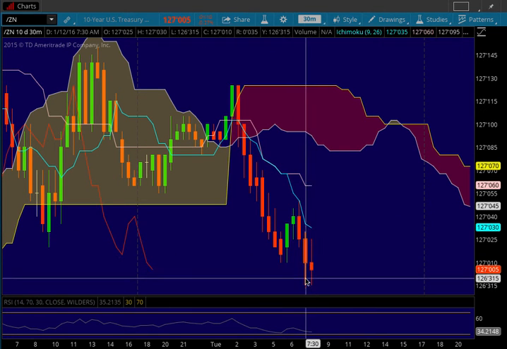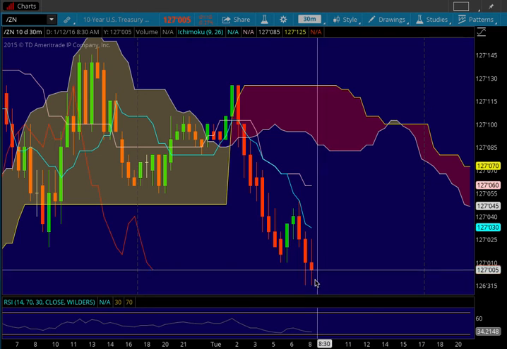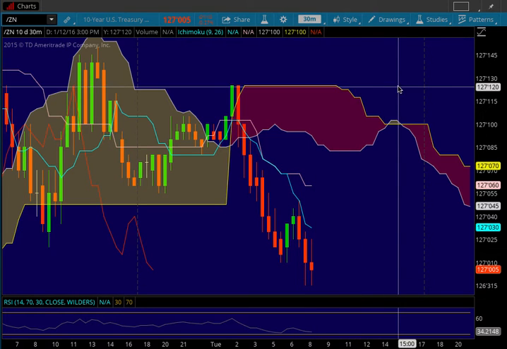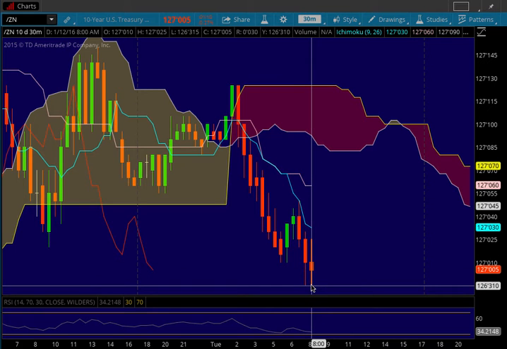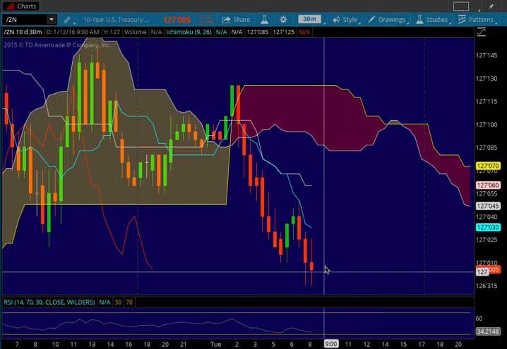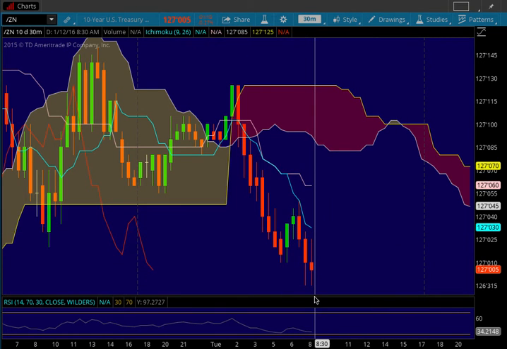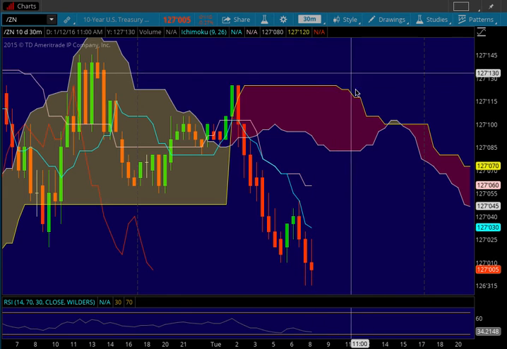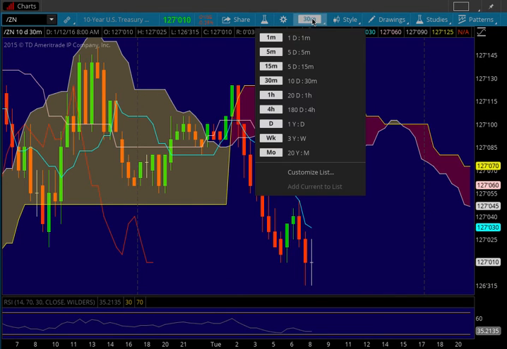Now we're putting in some potential tweezer bottoms, so we need to keep an eye on that if we're short, which I am. So we really need the current candle to make a new low below this prior candle. Otherwise, we're in danger of just moving sideways or even bouncing higher back to this 127.030 level. And as the 127.030 level is above my entry, I don't really want that to happen, as you can imagine.